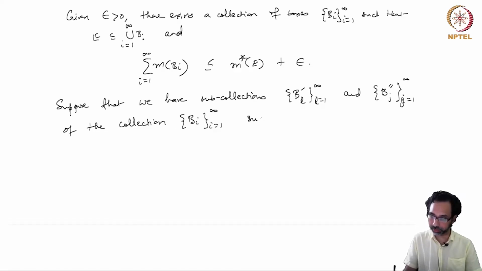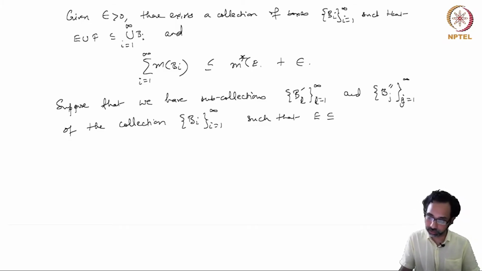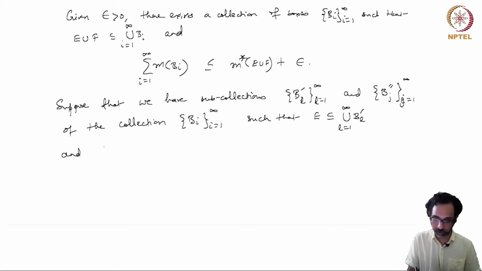Such that I have to cover E union F by this collection rather than just E. I am going to cover E union F by the whole collection Bi, and now I am dividing the collection Bi into two subcollections, one that covers E, Bl prime, l equal to 1 to infinity, and F is covered by the union over j equal to 1 to infinity of Bj double prime.